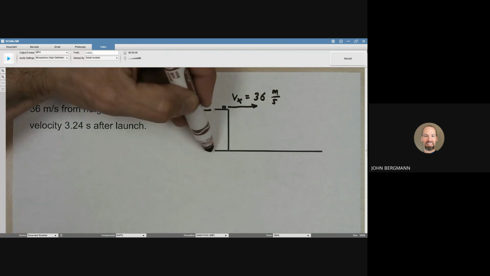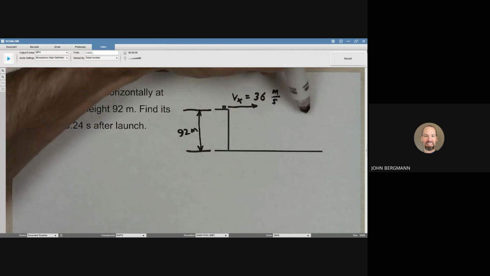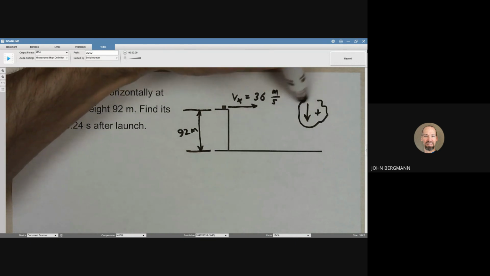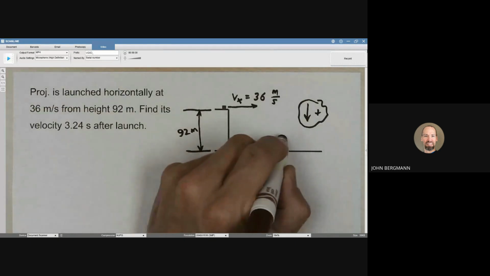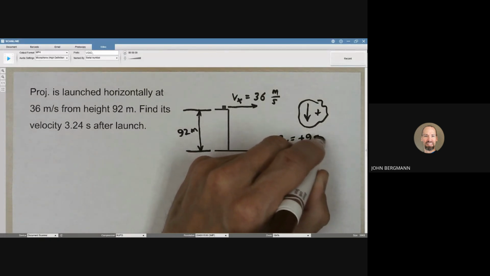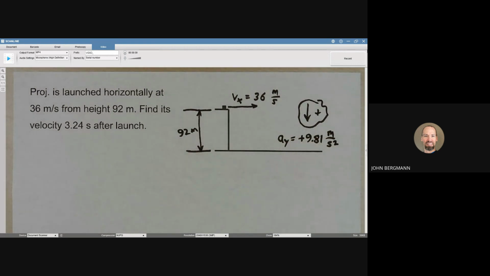That height is 92 meters. Since all of this motion in the vertical direction is downward, I'm going to say downward is positive, which means my AY is going to be positive 9.81. If you want to make it negative, that's fine. There's no problem.